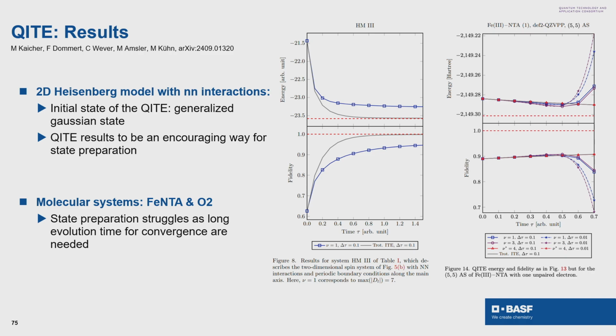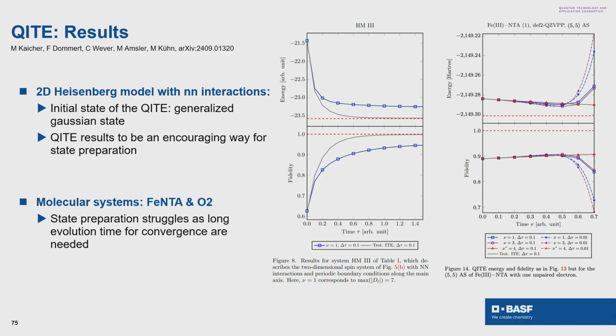If you're interested, there's a recent arXiv paper by some collaborators of this working group. We can see two somewhat different behaviors when we apply this QITE, the quantum imaginary time evolution, to a Heisenberg model with nearest neighbor interaction, shown in this first plot.